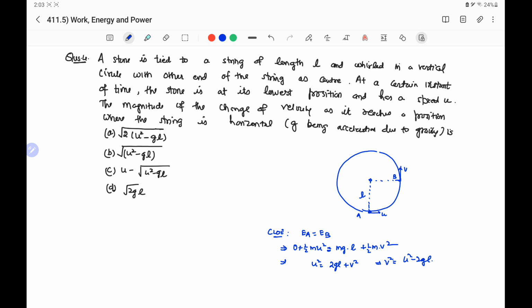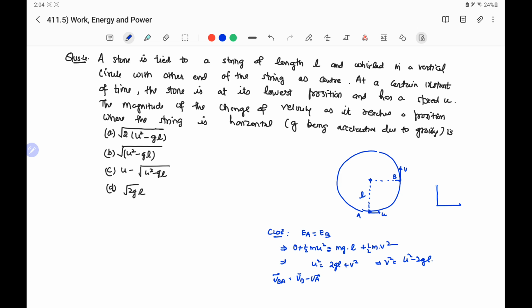We have to find the magnitude of the change of velocity as it reaches the position where the string is horizontal. So the final position is point B and the initial position is point A. So we have to find VBA, that is the velocity of B with respect to A, and it will be equal to velocity of B minus velocity of A.